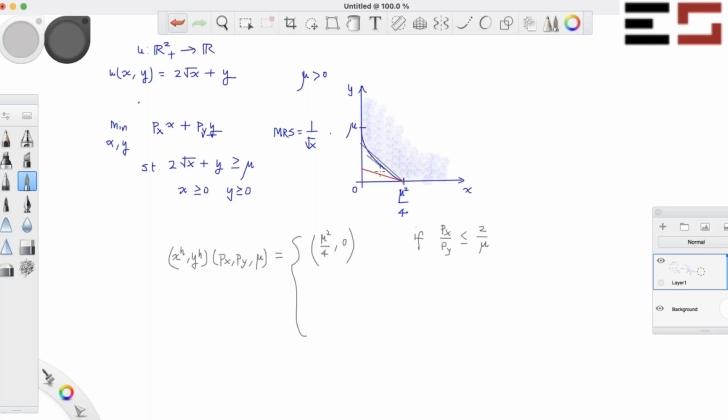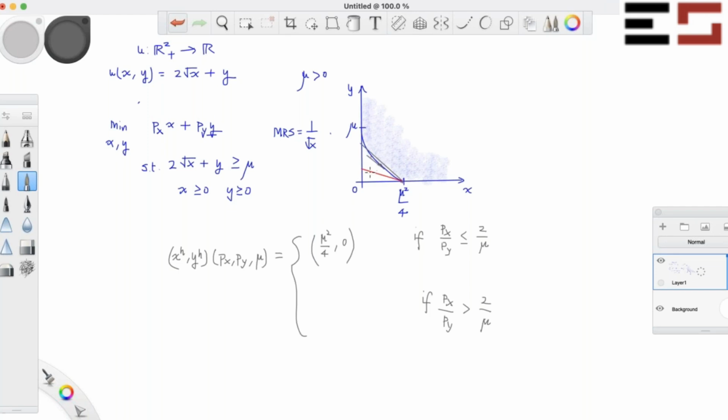If this slope px by py is less than 2 by mu, then you will choose this point. However, if px by py is greater than 2 by mu, then in that case you will choose this point.